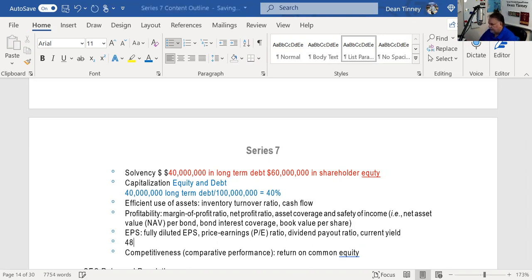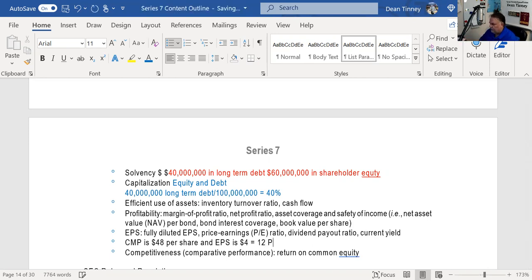Maybe I say the current market price is $48 per share, and EPS, given information, is 4. What we're asking is how long would it take me to get back in earnings what I just spent? So I just take my calculator, 48 divided by 4, and I find out the PE ratio is 12.